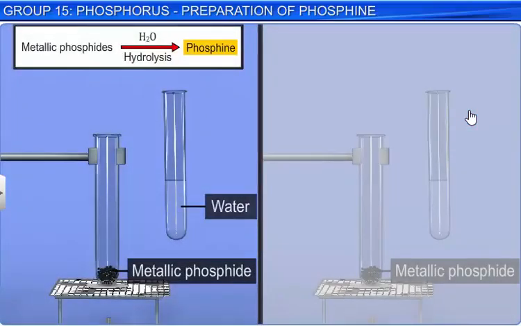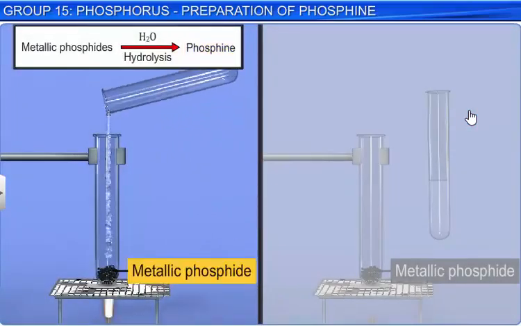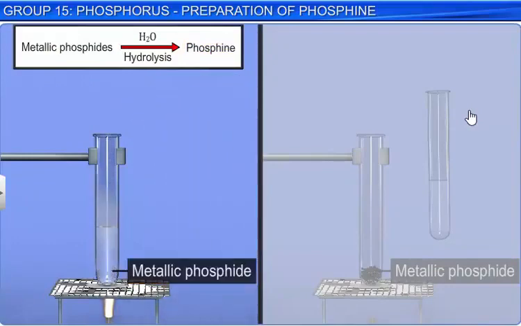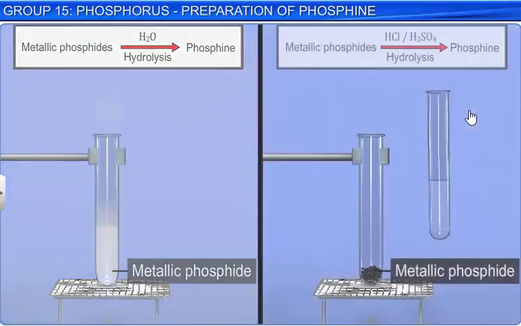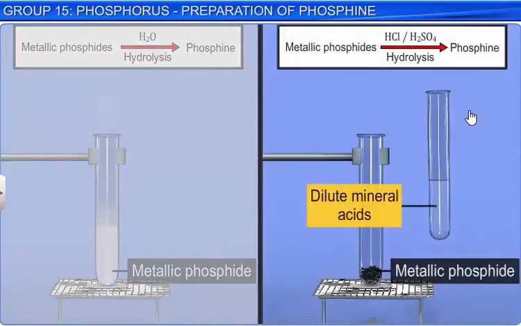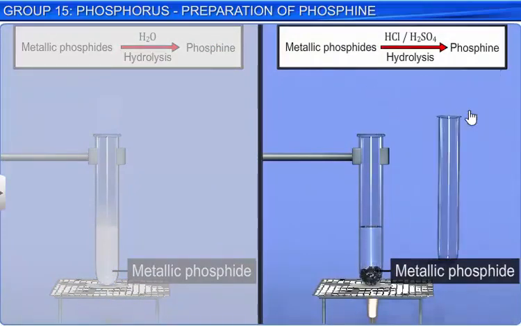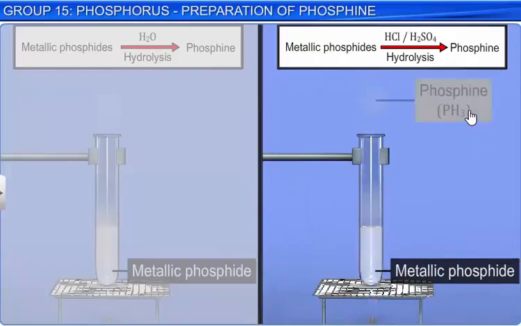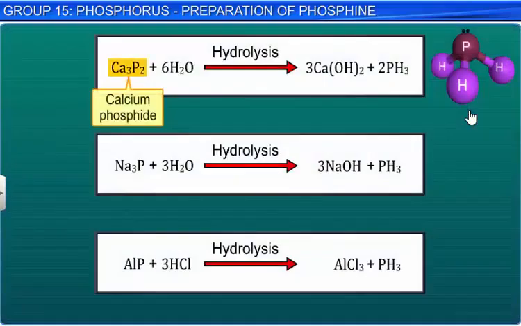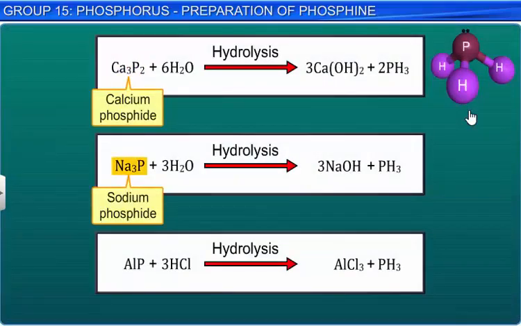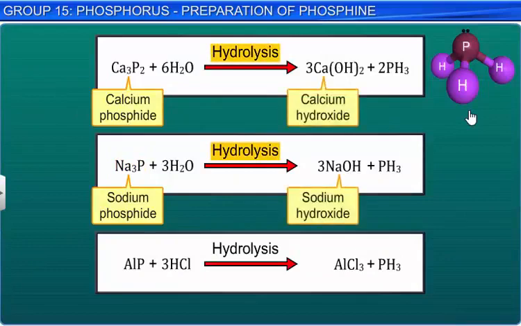Phosphine can be obtained by the hydrolysis of metallic phosphides with water or dilute mineral acids like hydrochloric acid or sulfuric acid. Calcium phosphide or sodium phosphide, on being hydrolyzed with water, produce phosphine.